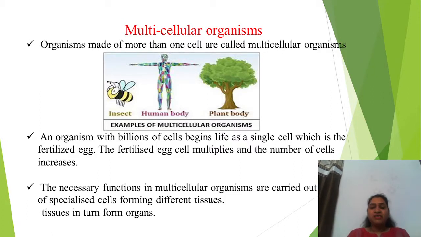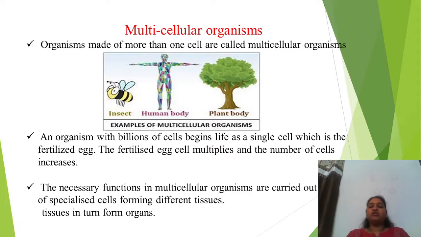Because the fertilized egg is a single cell. After fertilization, the cell multiplies itself and forms various numbers of cells. That's why the organism starts its life as a single cell.